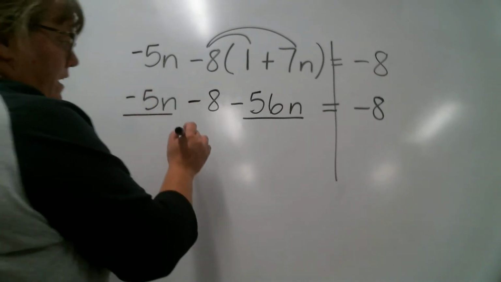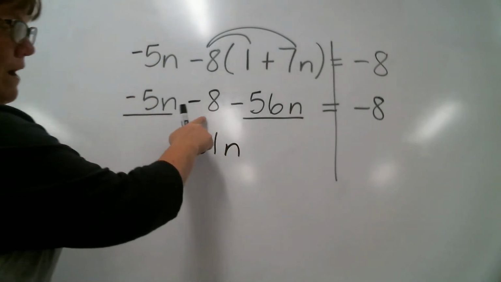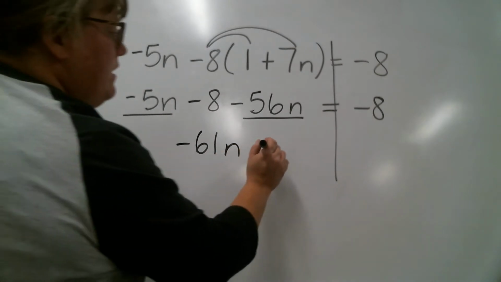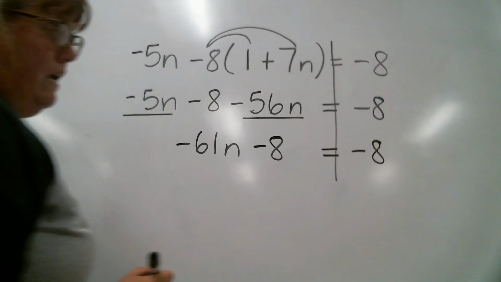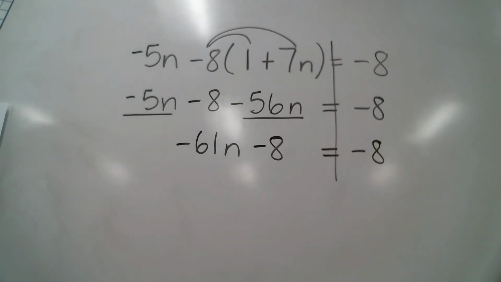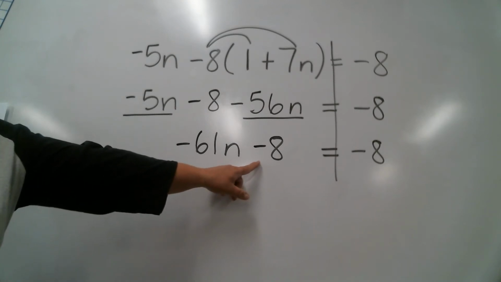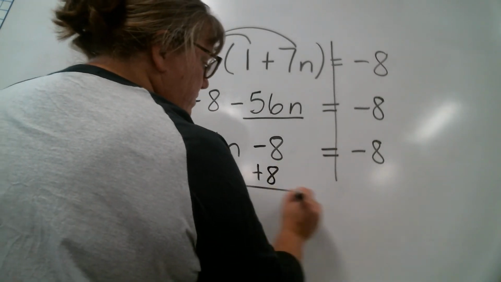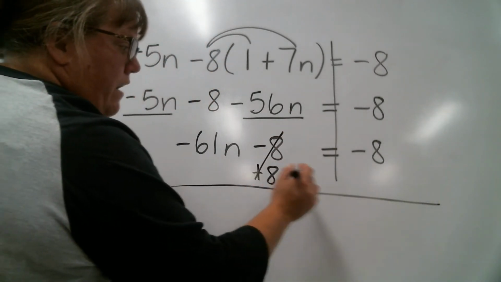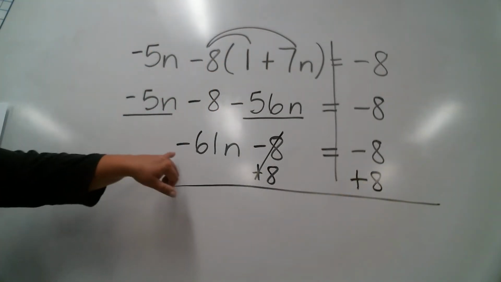So let's rewrite that as -61n minus 8, okay, I can't forget him, equals -8. Okay, so now I'm down to just a 2-step equation. I've got to take care of this -8 here, and I reverse that with a +8. And that cancels out. So I add 8 over here. So now what happens is I'm going to rewrite this.